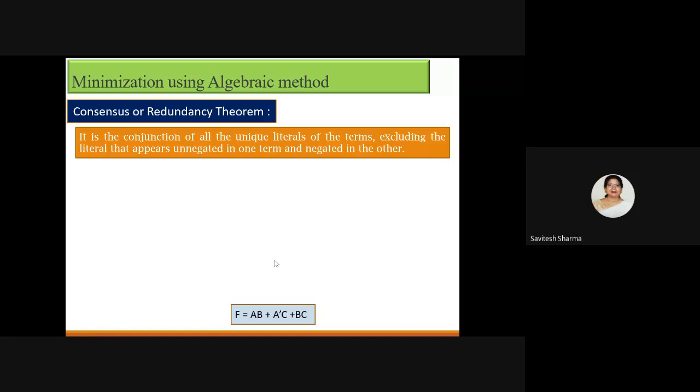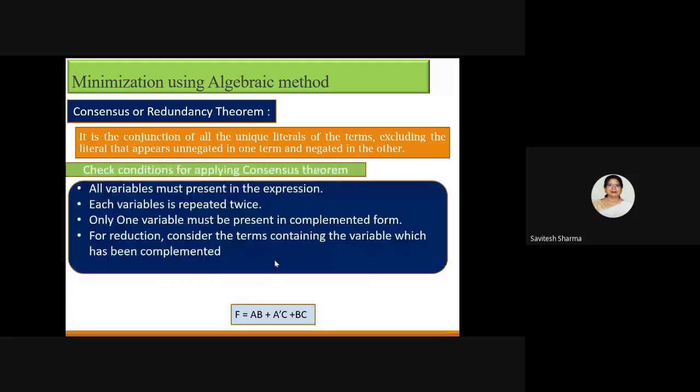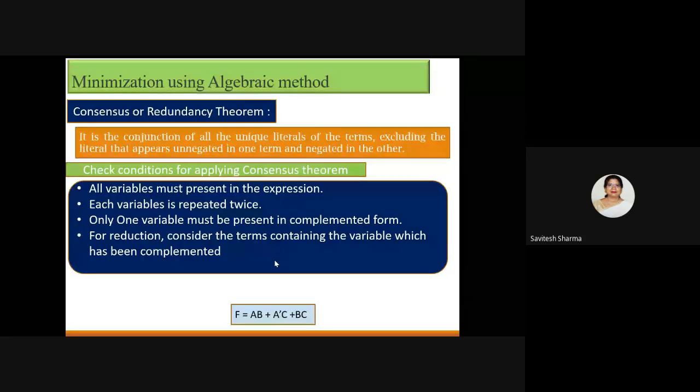So what do you need to check? You will check some conditions. If any expression is given and you want to see whether the consensus theorem is required or not, how do you identify? You need to apply the consensus theorem. So what are the things you will notice?